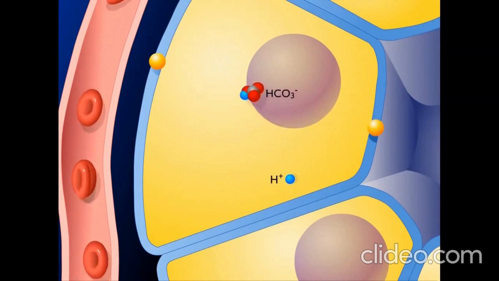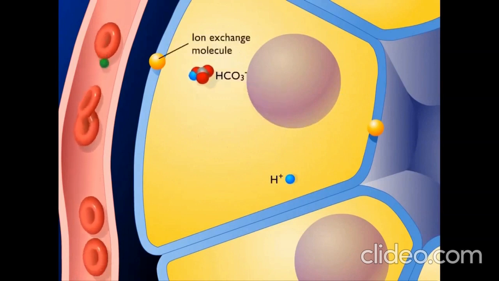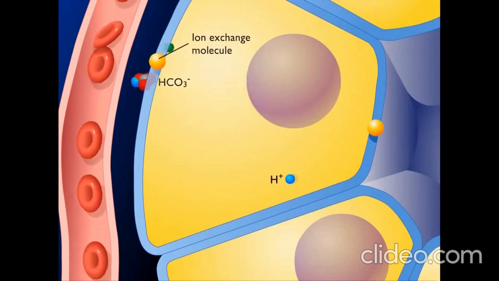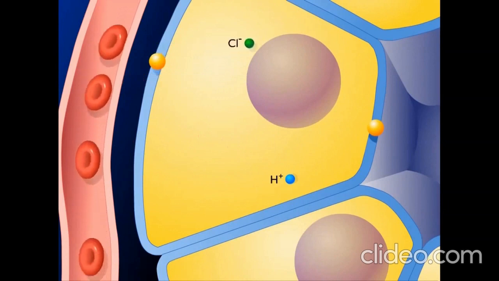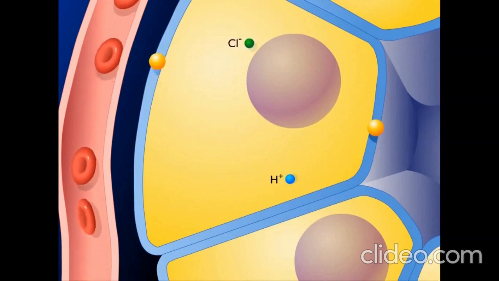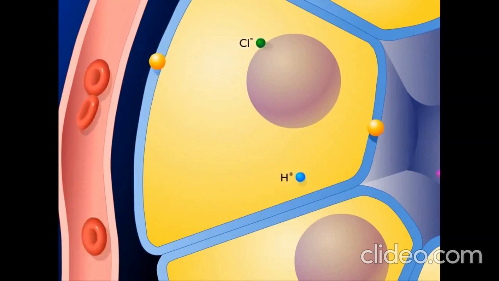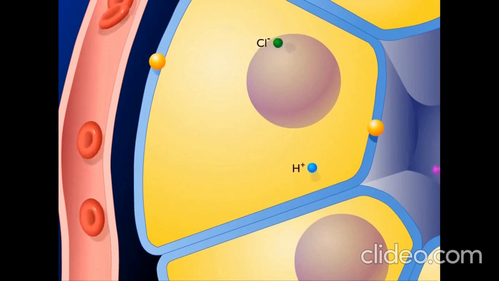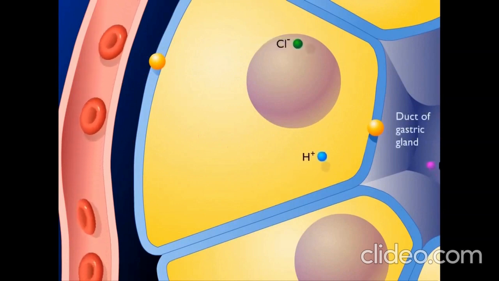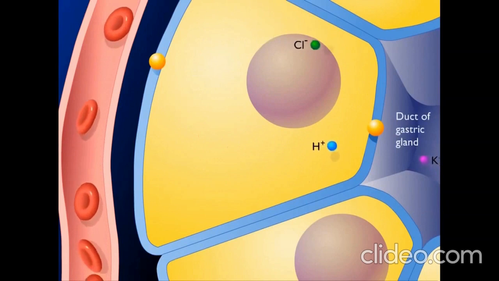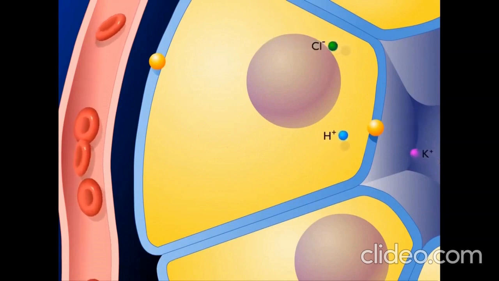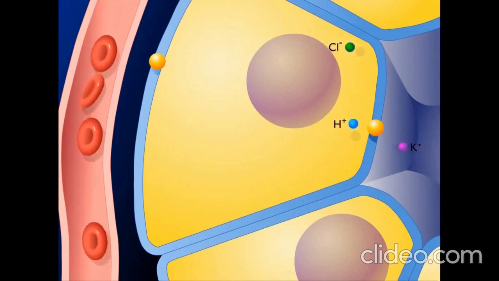This carbonic acid will dissociate to form the bicarbonate ion and the hydrogen ion. The bicarbonate ion is transported back into the bloodstream, and an ion exchange molecule in the plasma membrane exchanges the molecules, bicarbonate going out and chloride coming in. The hydrogen ion is actively transported into the duct of the gastric gland, and the negatively charged chloride ion fuses with the positively charged hydrogen ion.